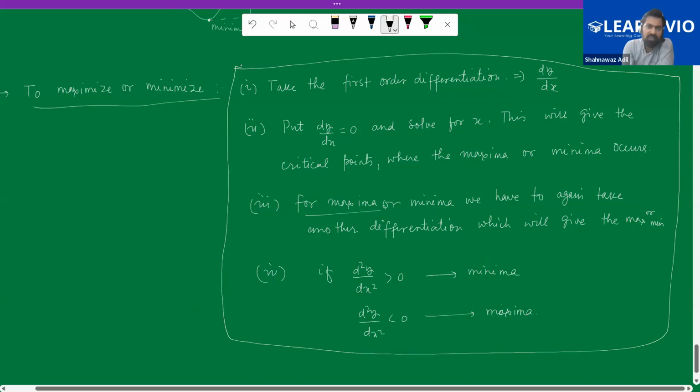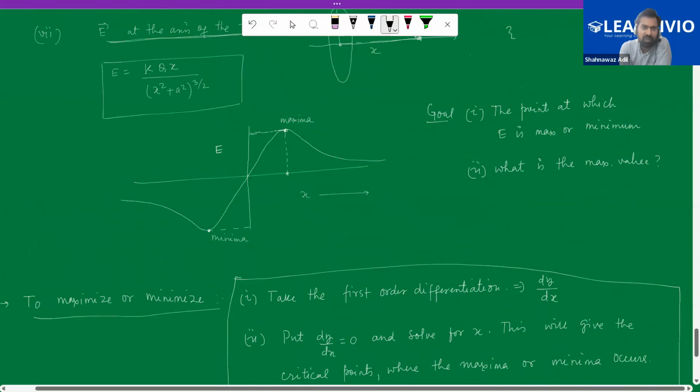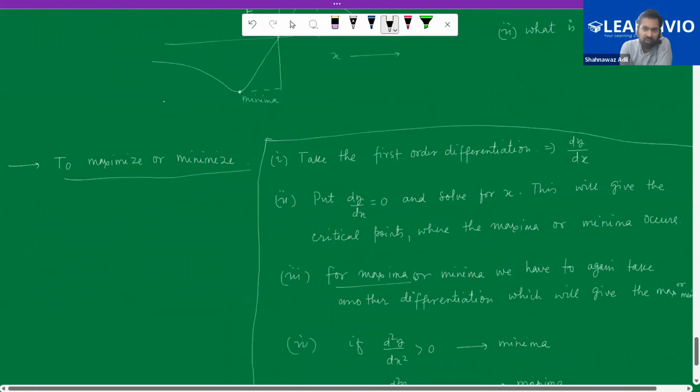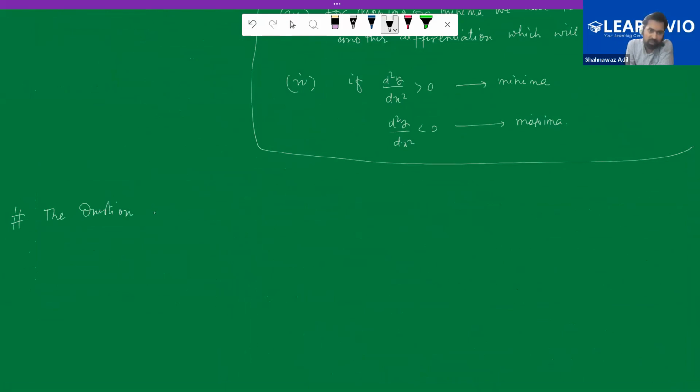Yeah. So what is the function that we have? The question is to maximize or minimize E, which is a function of x, which is kqx divided by x square plus a square power 3 by 2.